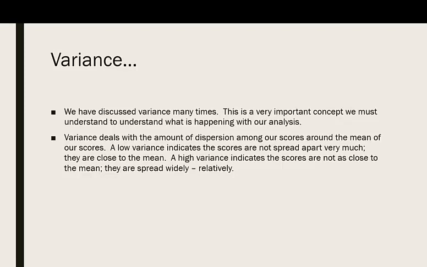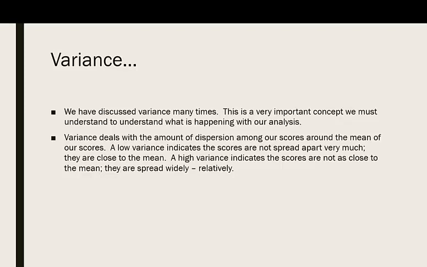In other words, how spread apart are they from the mean of that group? And what we've learned is that a low variance indicates that the scores are close to the mean, and that a larger variance means that the scores are further apart from the mean. They're spread out relatively. Okay, and so make sure you understand that concept of variance.